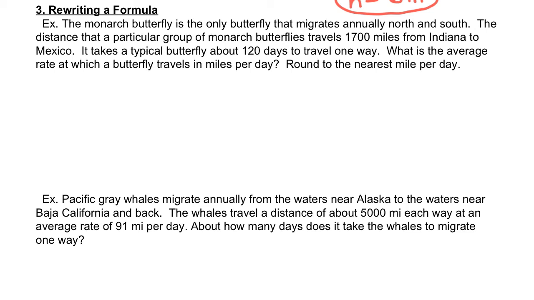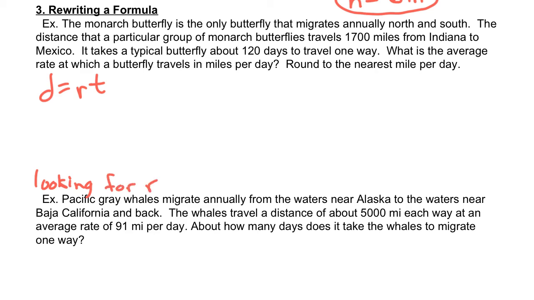The formula we're going to use, and this is a very, very useful formula in science, is distance equals rate times time. So I'm asking you to find the average rate, so we're looking for r.